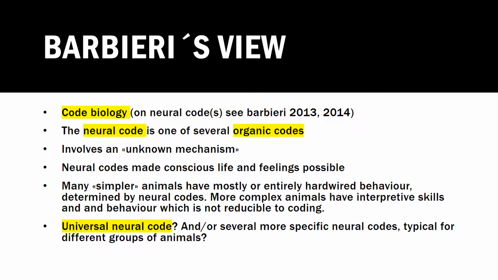There's also this ambiguity related to whether we refer to one universal neural code, which Barbieri does as well, or in the plural form, that there are different specific neural codes that are typical for different sense organs or histological tissues or physiologies.